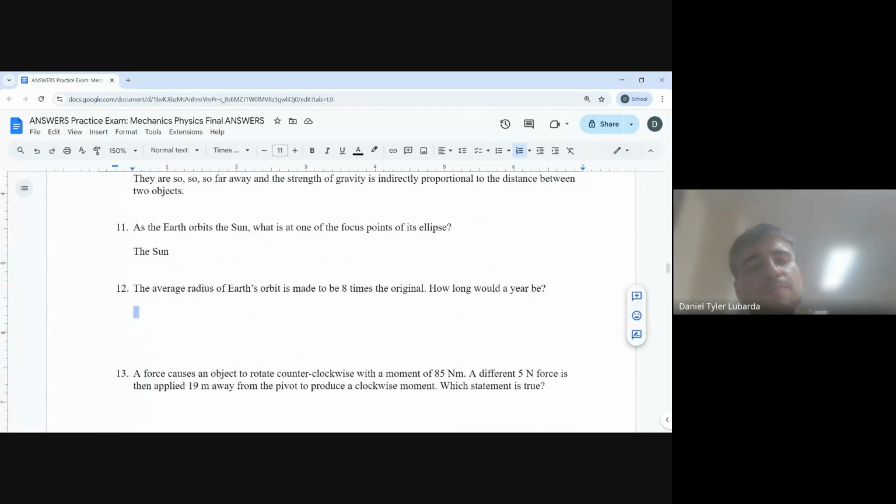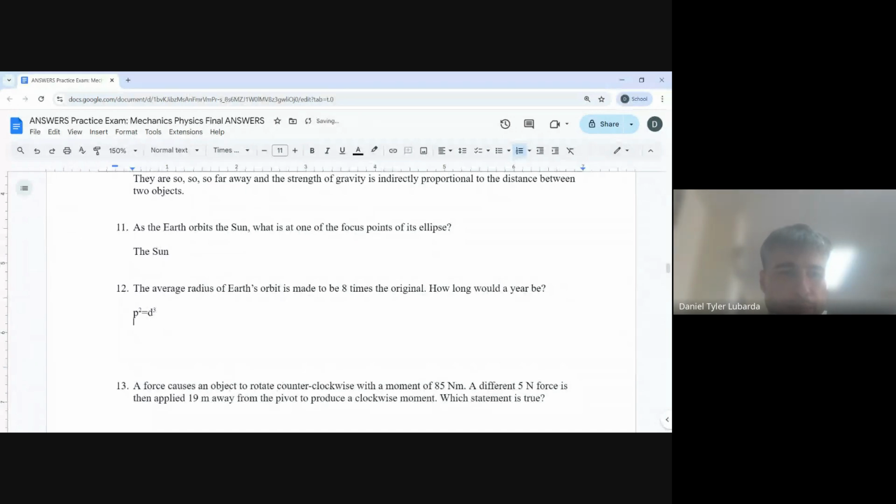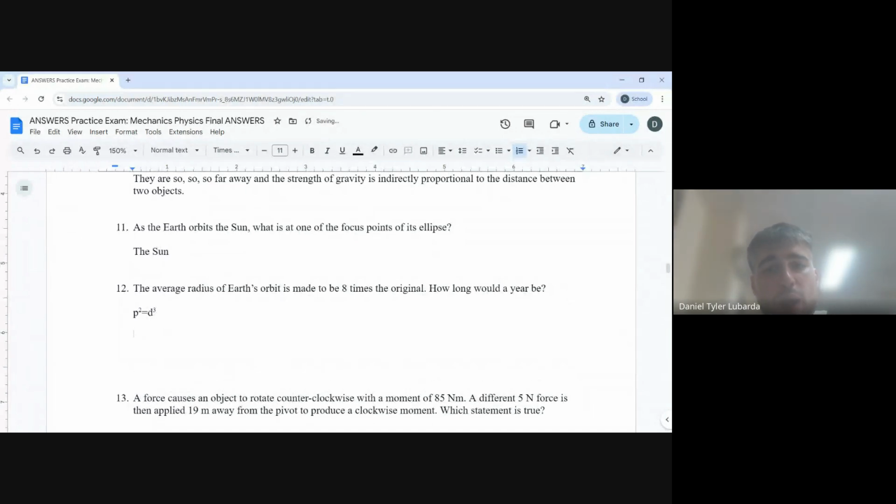So coming back down here, period squared is equal to distance cubed. Okay. So normally the period and distance are just 1 year, 1 atomic unit.